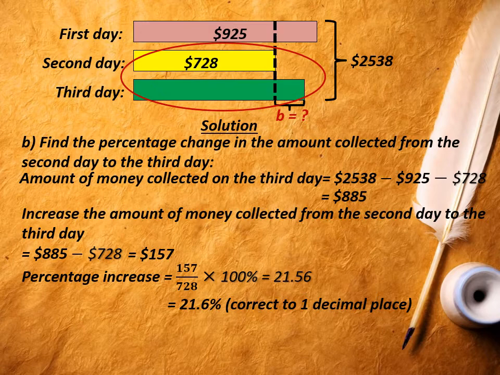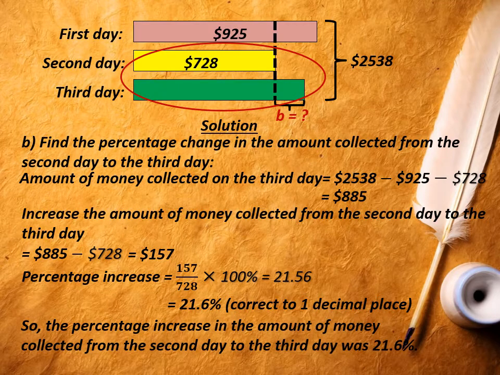So here the digit 5 is in one decimal place. When you round off, you look at the two decimal places. Number 6, you need to round up. So your answer becomes 21.6%. So the percentage increase in the amount of money collected from the second day to the third day was 21.6%.